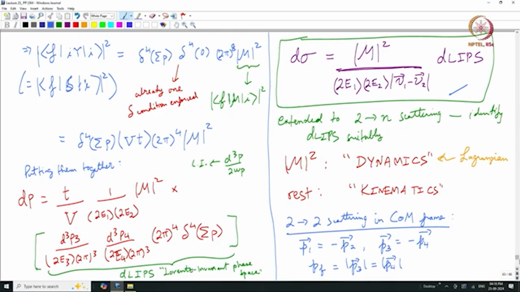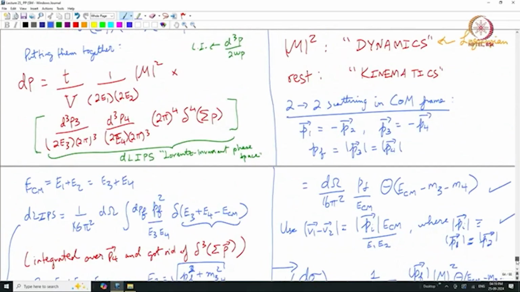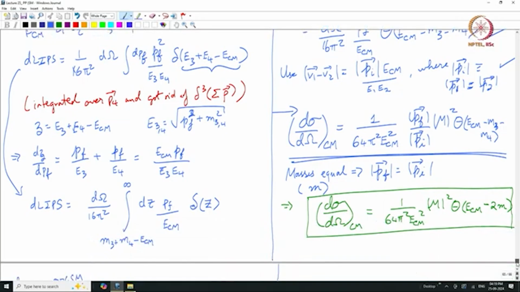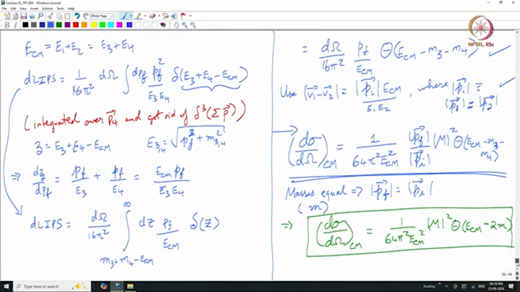And we identified that the amplitude squared encodes the dynamics of the problem. Ultimately you can trace this back to the Lagrangian, and the rest of it encodes the kinematics of the problem: the energies and momenta and velocities and masses and so on. We saw one special case of 2 to 2 scattering in the center of momentum frame where things simplify. We put in all the correct change of variables and obtained this simplified expression, which has all the correct ingredients.